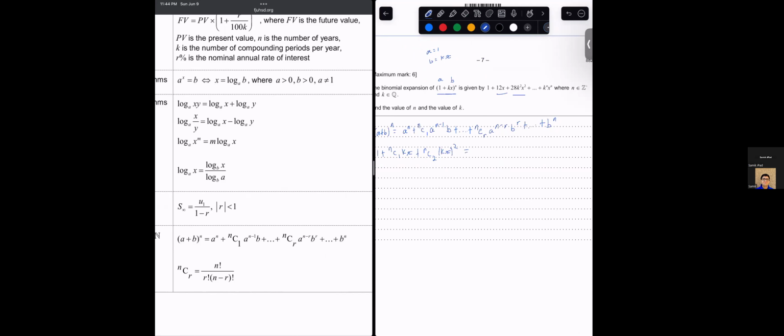I can expand this. This one is essentially nC2 k squared x squared, because when I apply the distributive property, both get multiplied out and it becomes like this.